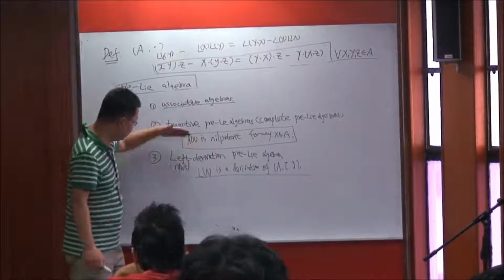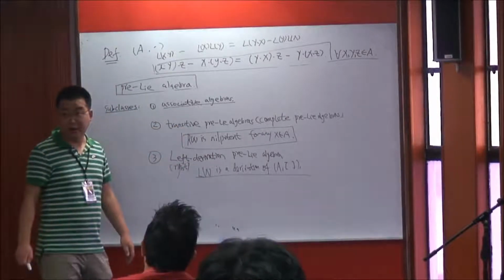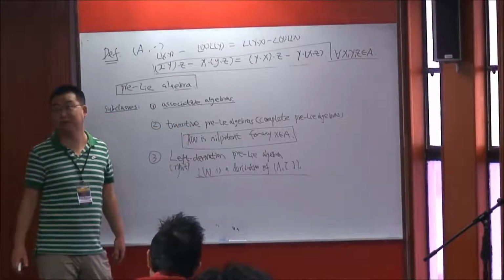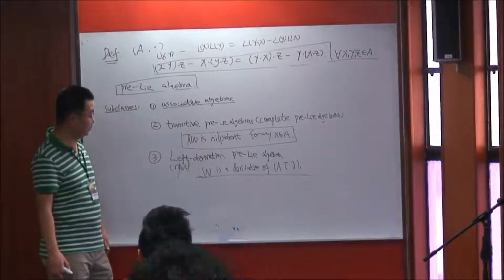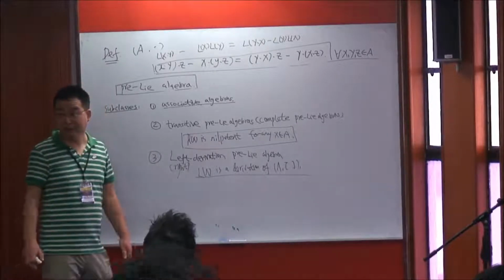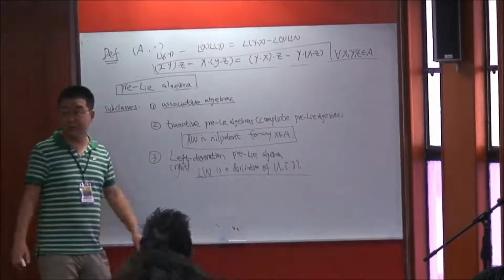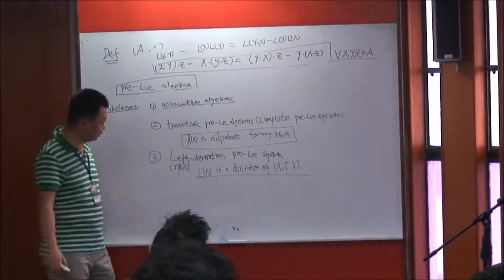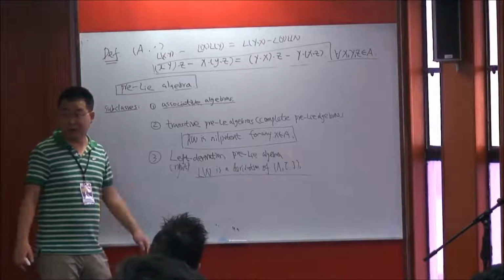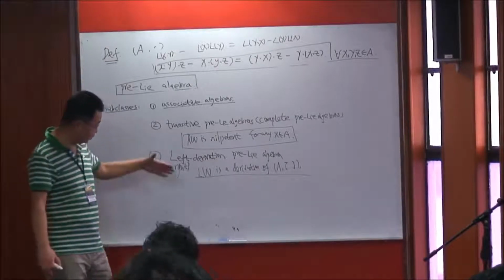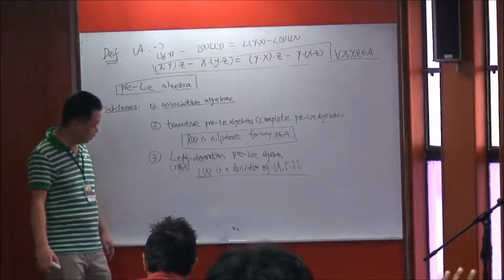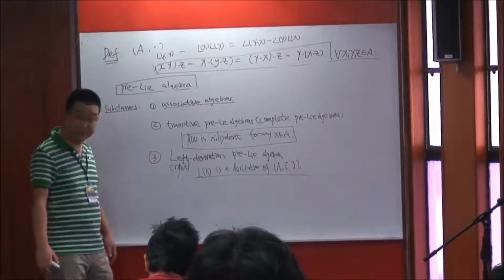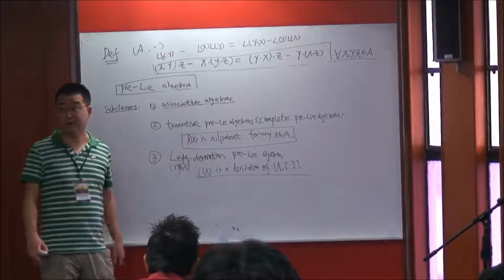This kind of pre-Lie algebra also corresponds to some important structures in geometry. In some sense, this corresponds to structures related to the inner automorphism group of such structures in geometry.